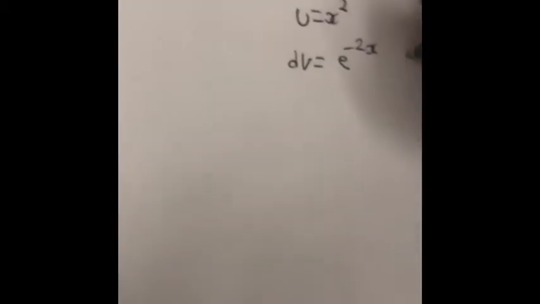We have the exponential and the x squared algebraic, so the u will be x squared and the dv would be e to the power negative 2x dx.